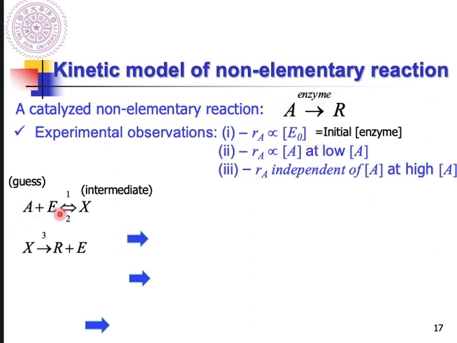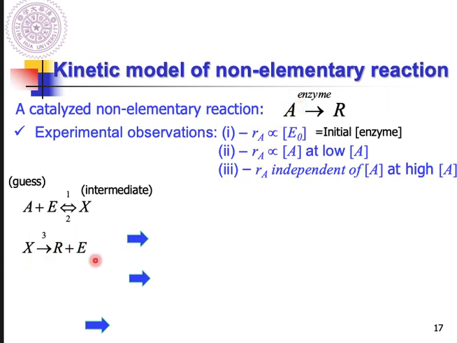A reacts with the enzyme and generates the intermediate substance X. And this substance will generate the product R, and you also leave the enzyme here because the enzyme is not consumed during the reaction, right? When you combine these 2 reactions and delete this term, you also get A converted to R, so it fits with this reaction, right?